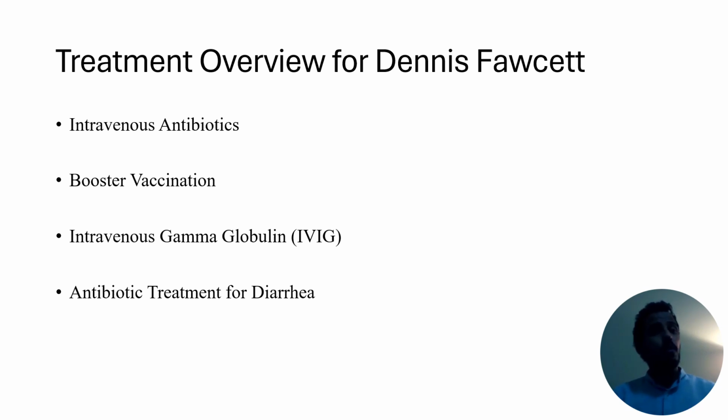After that, he was treated with intravenous gamma globulin, which is very important for providing passive immunity. And for the diarrhea, at age 15, Dennis developed severe diarrhea caused by Cryptosporidium, and he was treated with antibiotics, which are often effective against various infections.